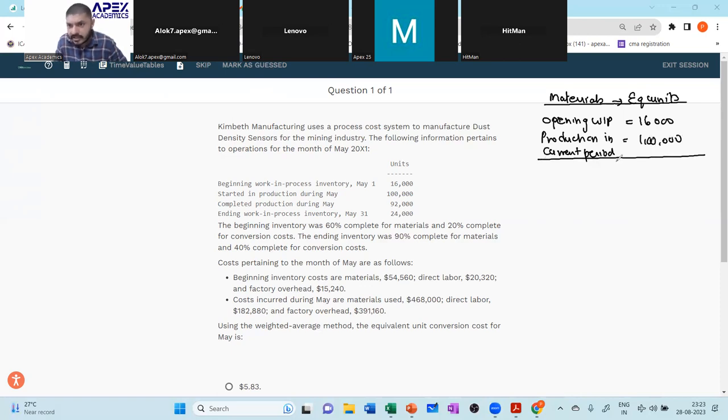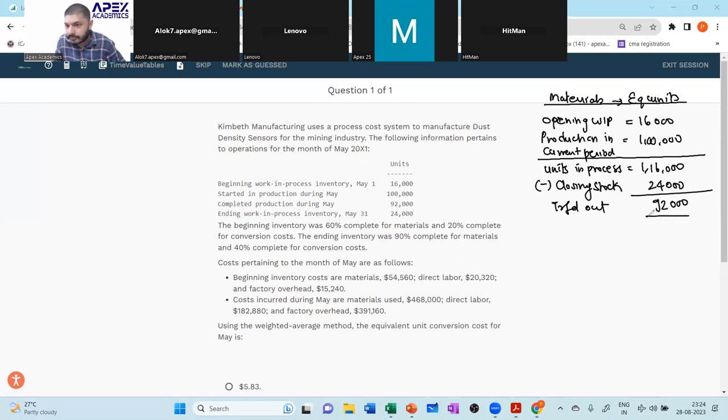So how many units are in process? 1,16,000 less closing stock of 24,000. What am I left with? 1,16,000 minus 24,000 should be 92,000. I had written 96 by mistake. 92,000. What is this? This is transferred out.